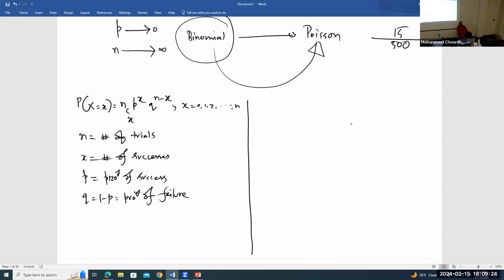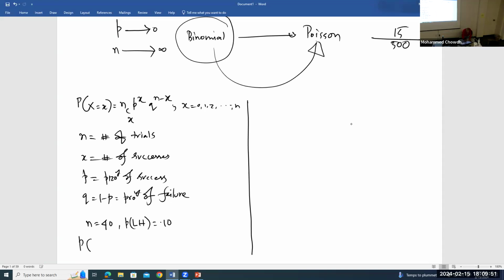For example, in a class there are 40 students, n equals 40, right? The probability of being left-handed equals 0.10.